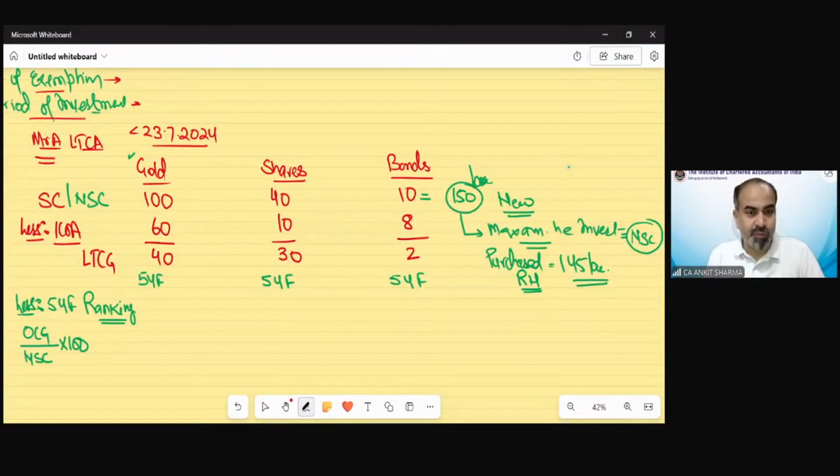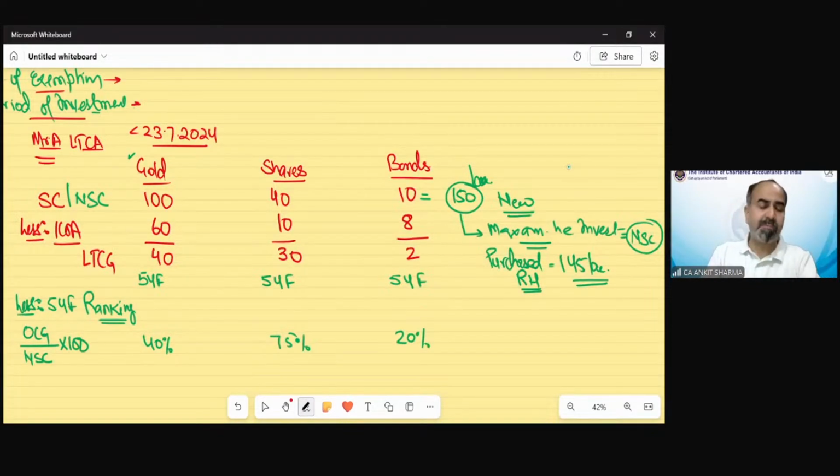If we apply this formula, original capital gain upon net sale consideration into 100, then gold has 40%. What is the meaning of 40%? I will explain. Next, 30 divided by 40 into 100, we have 75% in case of shares, and in case of bonds, this is 20%.